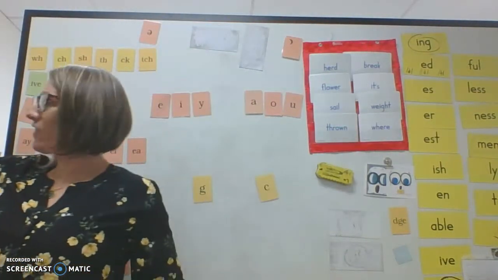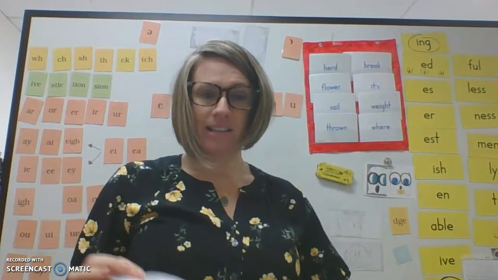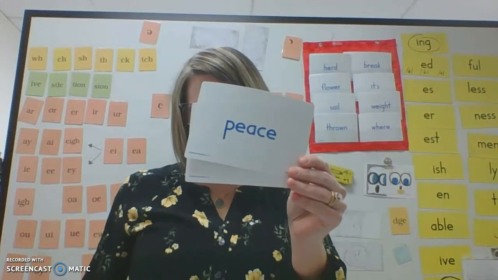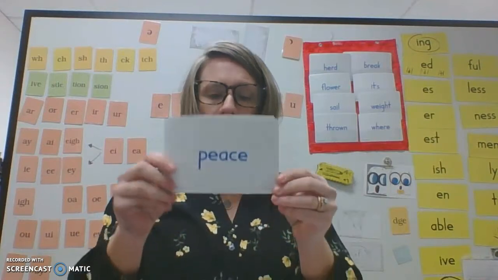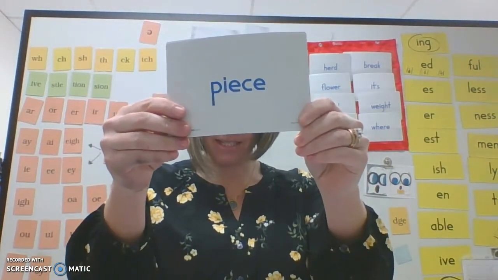And then I have 2 other sound-alikes for you. What do these words say? Peace. They're both peace. This kind of peace is like when everything is calm and it's not loud and you're peaceful, there's no fighting. And this kind of piece means, can I have a piece of cake or a piece of gum? A little part of it.